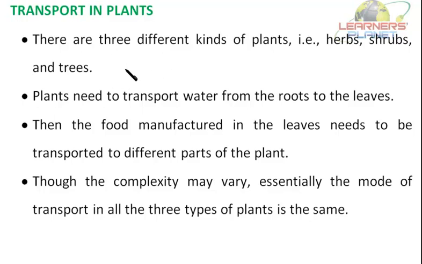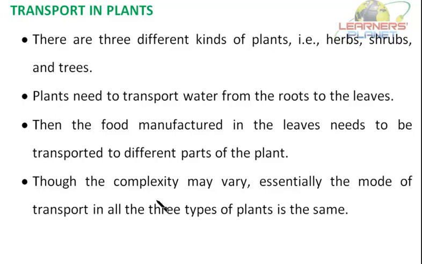Well, students, there are 3 different kinds of plants, that is herbs, shrubs and trees, which you have been studying from your childhood. So basically, plants need to transport water from the roots to the leaves, and then the food manufactured in the leaves needs to be transported to different parts of the plant.